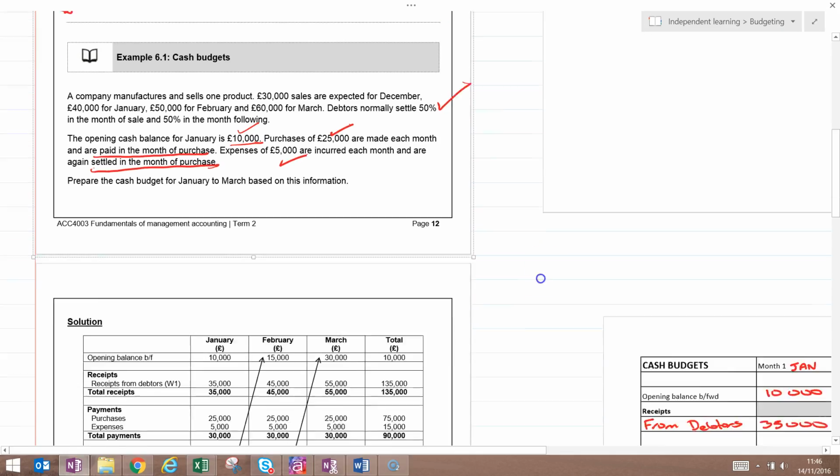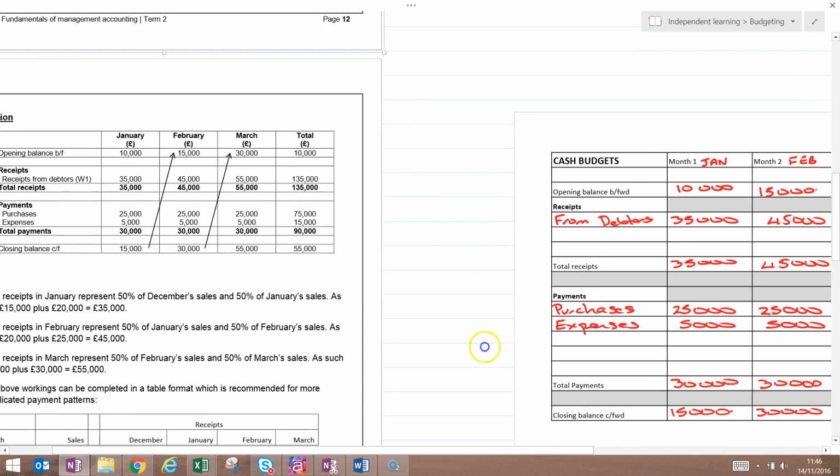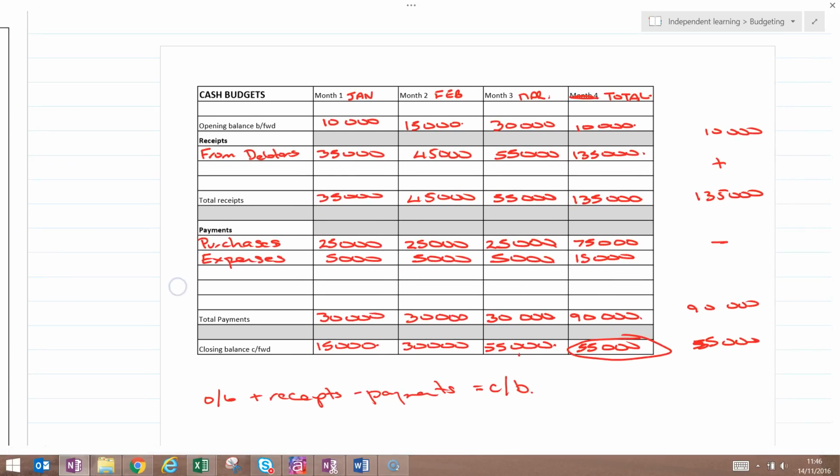Another tip I would give you when drawing up cash budgets: draw your layout, then put into the cash budget any figures that require no calculation. So for example, on this one we've just done, we were told that the purchases were £25,000 paid in the month of purchase, so they were very easy to write straight in.